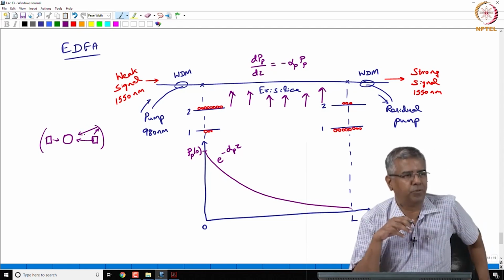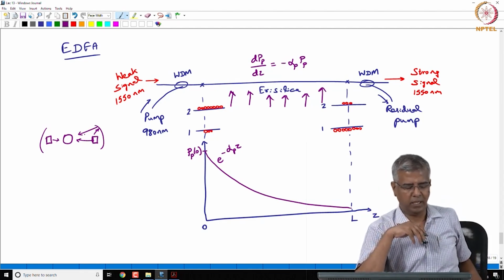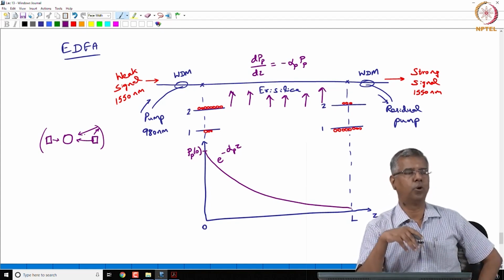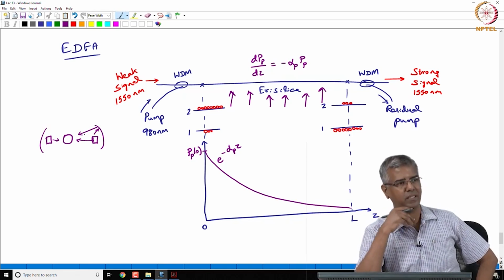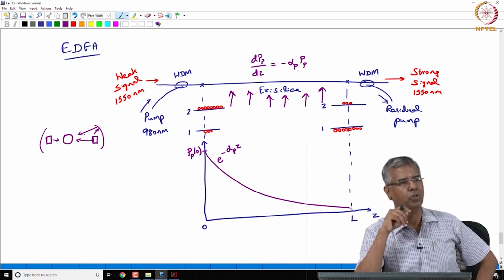There are different configurations with which you can achieve this, but the idea here is that you would have to go to some crystal or bulk glass configuration so that you can achieve uniform excitation.